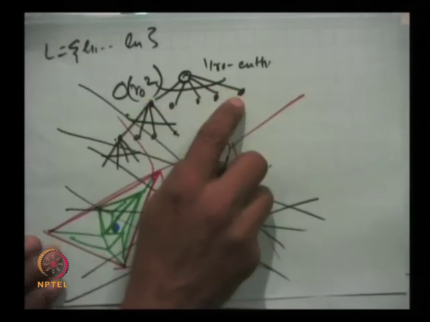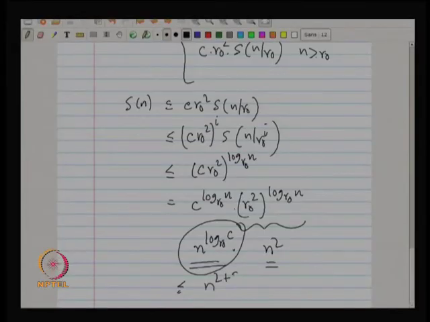So what happens is that if you make R0 large, you are increasing the fan out; the tree is shrinking, the depth is shrinking, but the fan out is increasing, and you spend more time at each node. So, that says you cannot make it arbitrarily small. Normally, what you write is that I give you some parameter epsilon, and then you say the running time is at most n to the power 2 plus epsilon, and given epsilon you can choose R0 to be a sufficiently large constant that depends on epsilon.